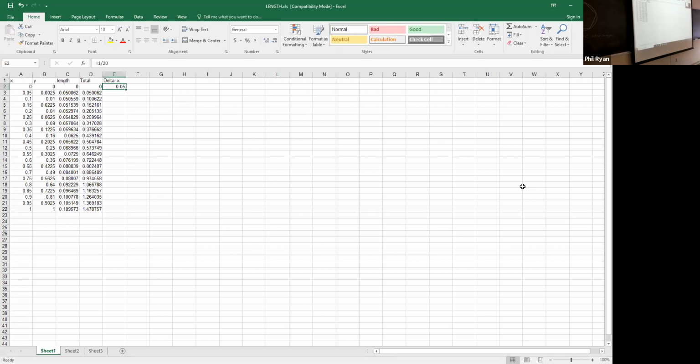So let me see if I can do that. That should be a tangent line to it. Something like that.